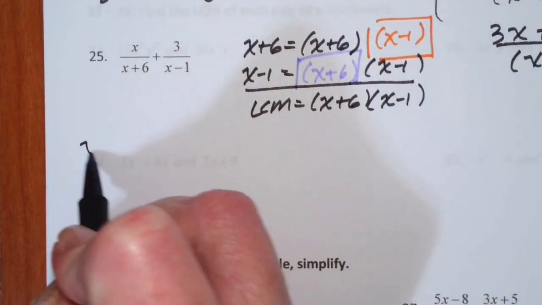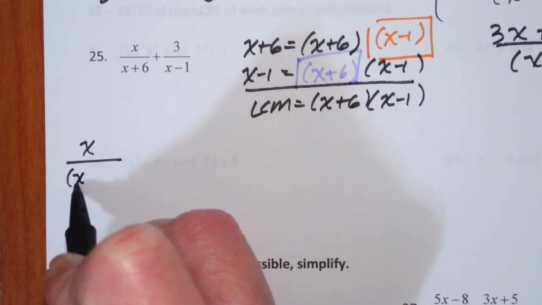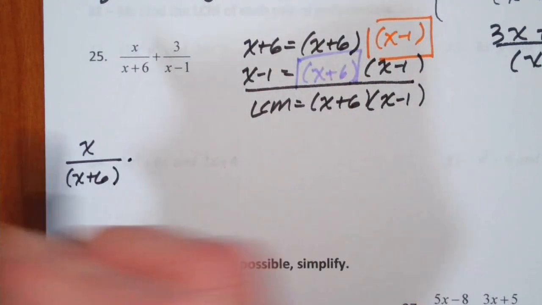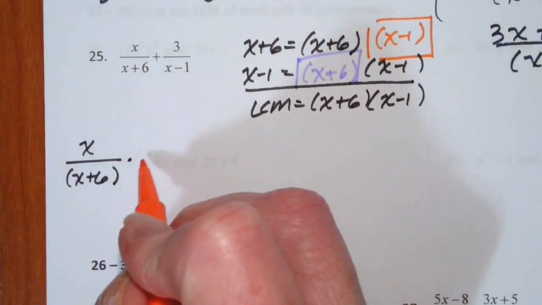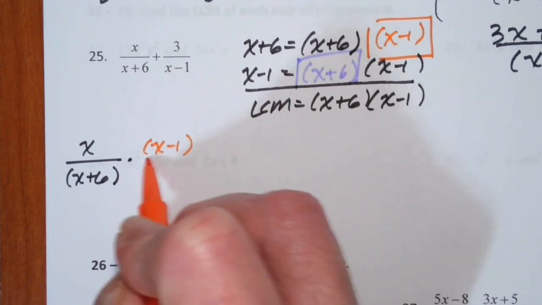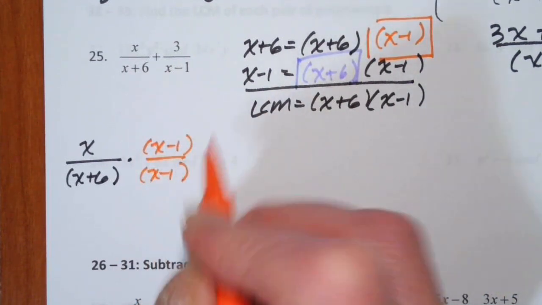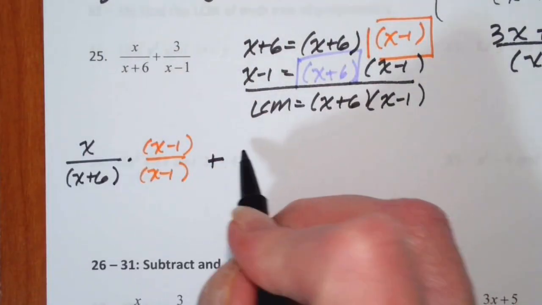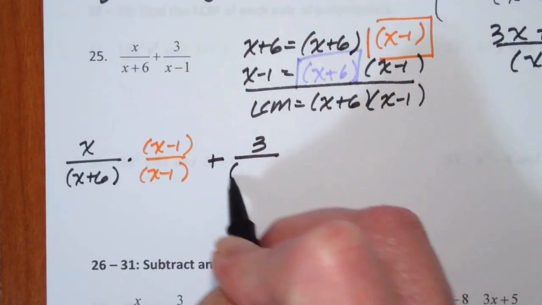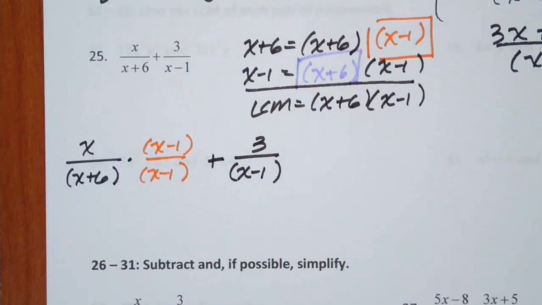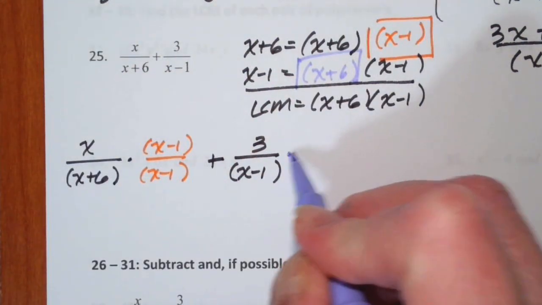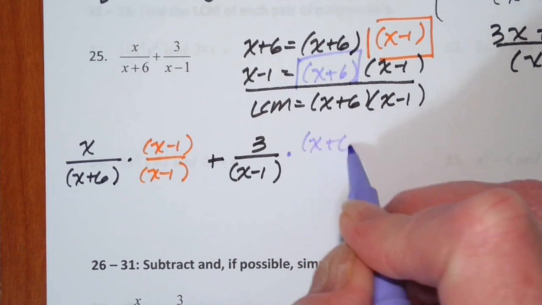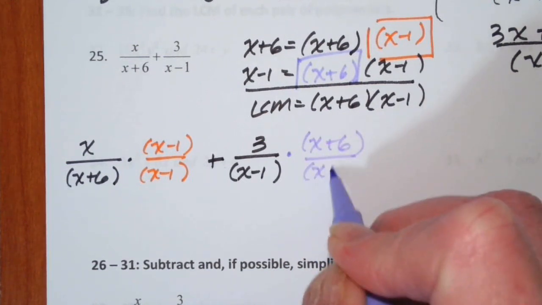So I'm going to take x over x plus 6 and multiply it by x minus 1 over x minus 1. I'm going to take 3 over x minus 1 and multiply it times x plus 6 over x plus 6.